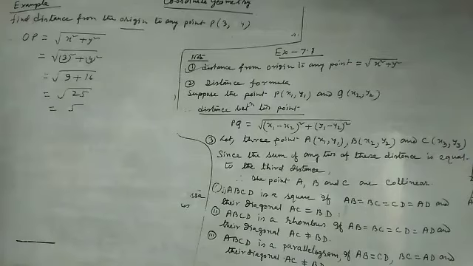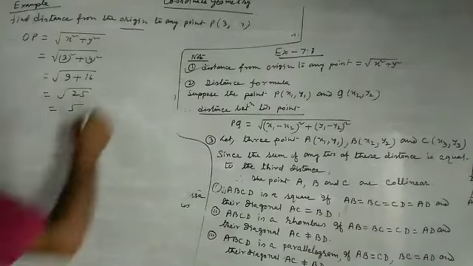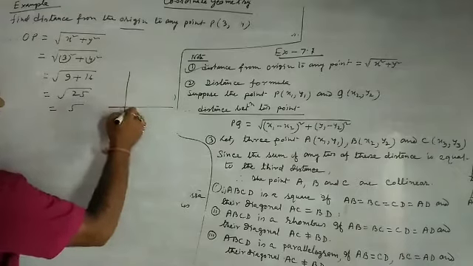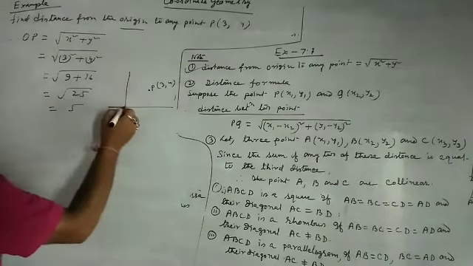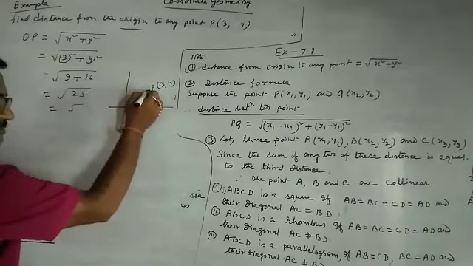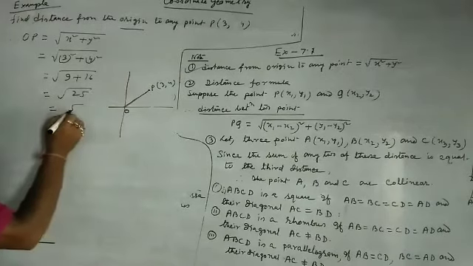This way we solve. The distance from the origin to the point P(3, 4) is 5.